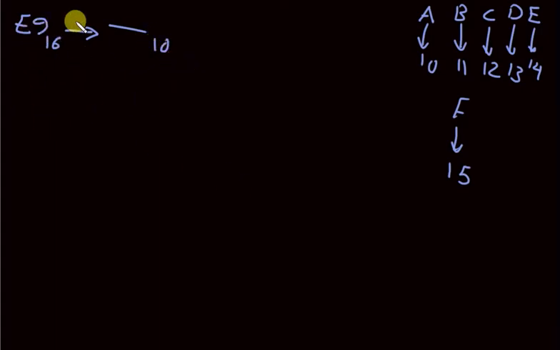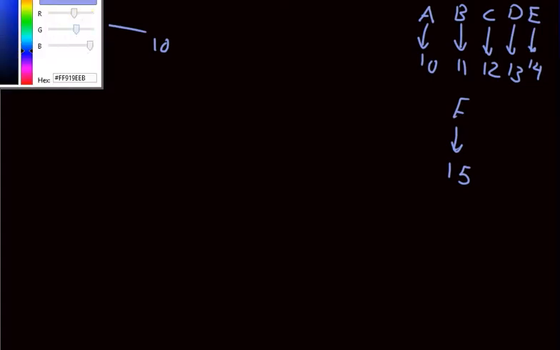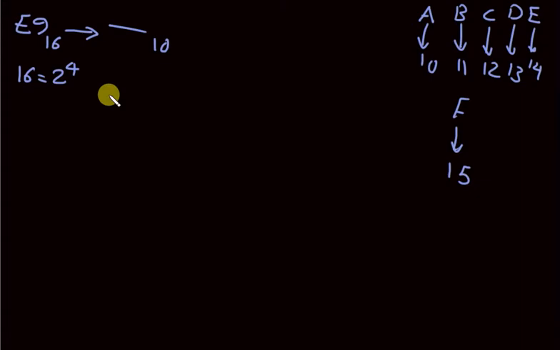So in order to convert this to binary, I know that 16 is equal to 2 to the power of 4. So that means I have 4 places for each of the digits. So I have 1, 2, 3, 4, and then 1, 2, 3, 4. So this is for number 9, and this is for my E.